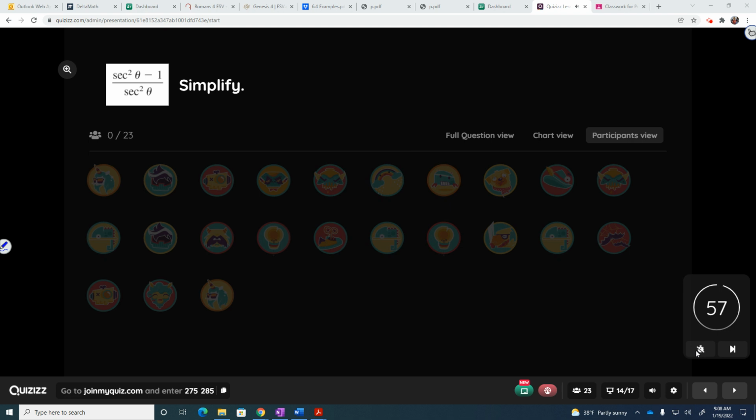This one might be a little trickier. I'm not going to give you any hints just yet. We'll try to figure this one out. There's a couple ways you can solve this.